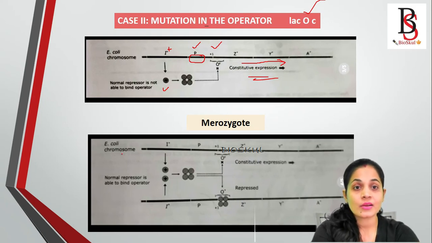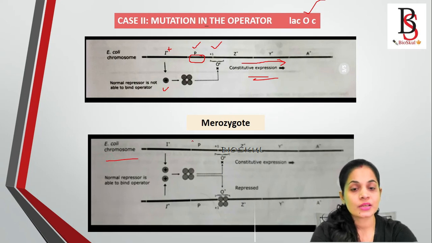Now let's have a look at the merozygote. In the E. coli chromosome the operator region is mutated, but in the other chromosome the operator is normal. So the I gene, Lac I gene, will produce the repressor.